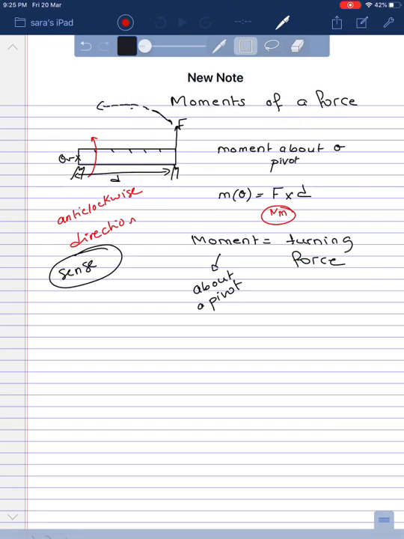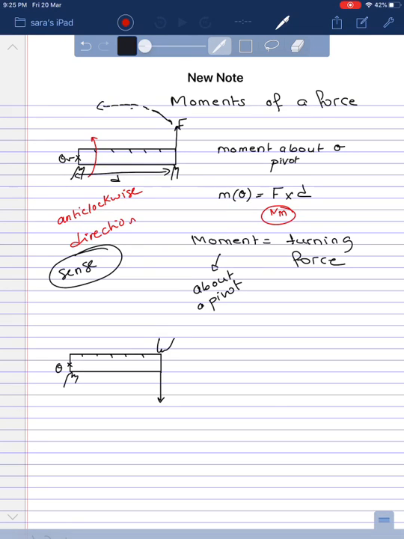If I take this same example, the ruler, and again you put one of your fingers at one edge of this ruler, at point O, and with the other finger you try to push this ruler down.